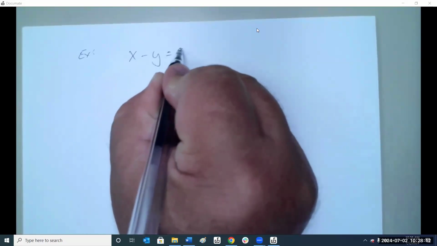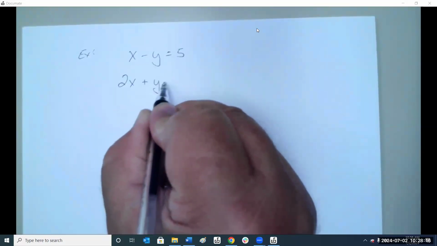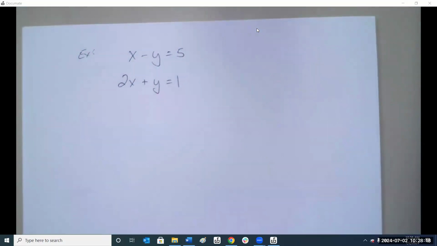So let's go back to the example we had earlier. We had x minus y equals 5, 2x plus y equals 1.